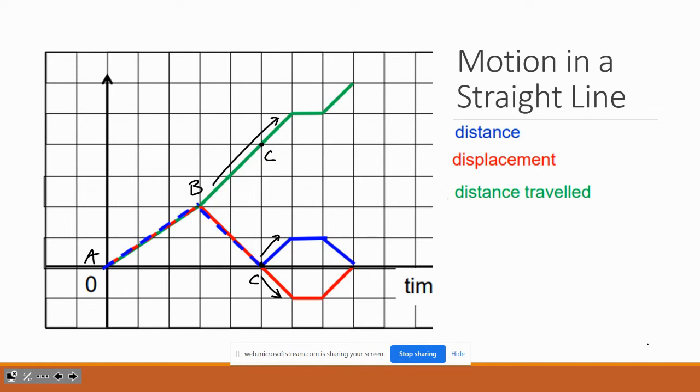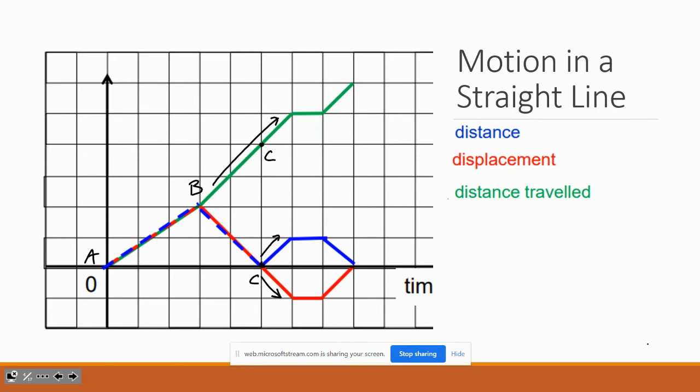So imagine I was 1 meter behind the start line. I would still be a distance of 1 meter away from that start line, but my displacement would be -1. And my total distance traveled would have been the total distance I've gone forwards and the total distance I've gone backwards. But notice the gradients of these lines.